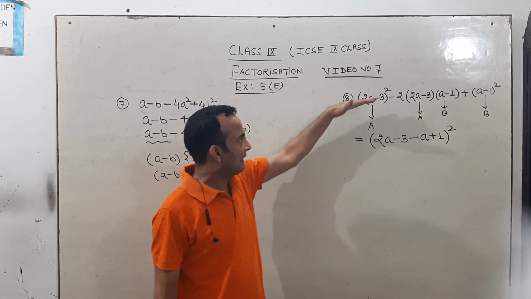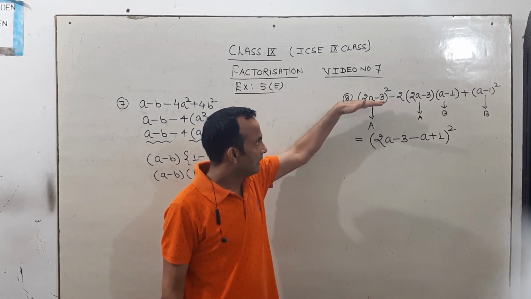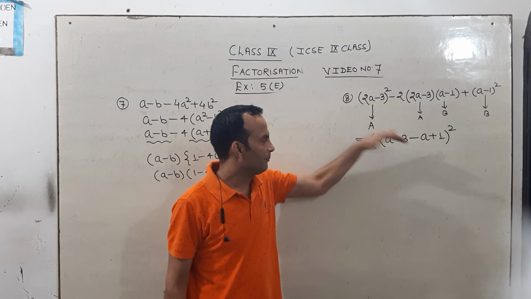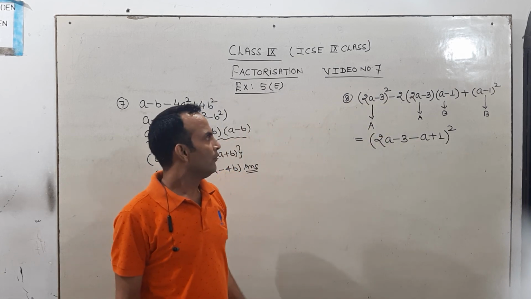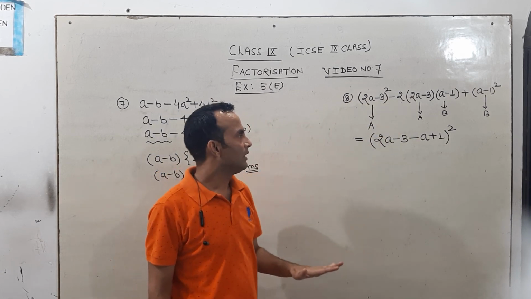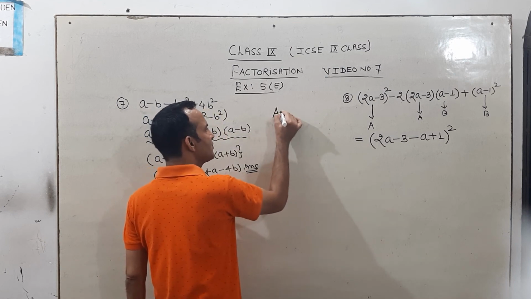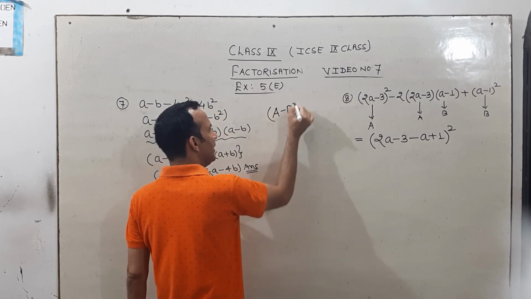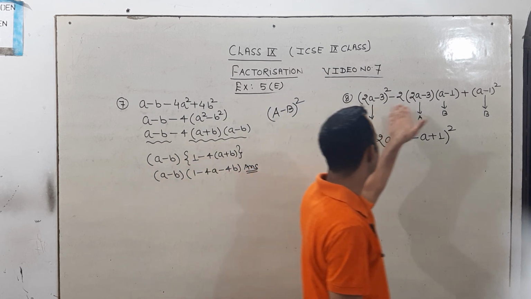We can write the given expression directly in this form because you can see here the identity a minus b whole square is utilized here.